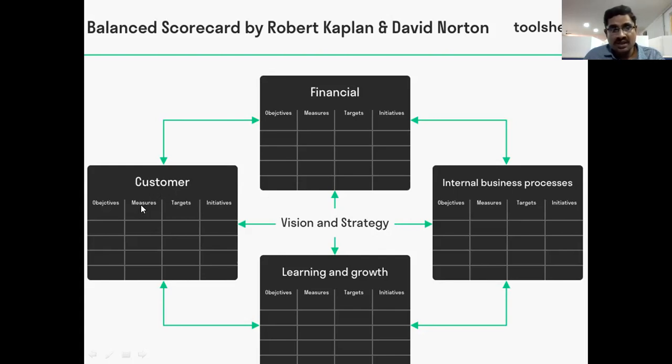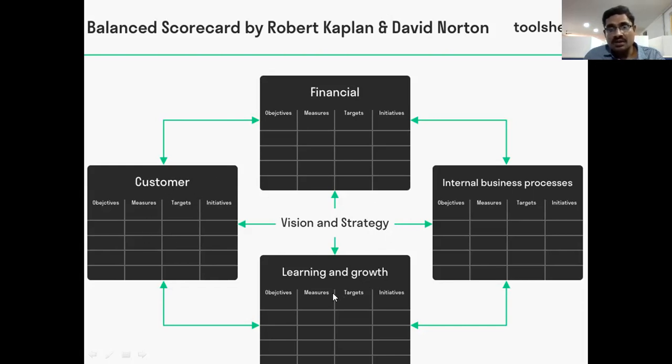So just checking some of the methods and activities for balancing the customers. Next, targets. Fix the targets to satisfy the customers and fix the targets to retain the customers also. And initiatives means take remedial actions for the purpose of satisfying and retaining the customers. This is the second segment.